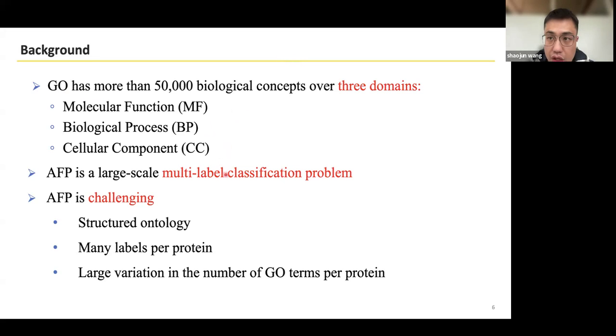And protein function annotation is to assign proper GO terms to proteins. It's obvious that proteins play an important role for our life, and a protein always has multiple functions. Therefore, a protein can be associated with more than one GO term in Gene Ontology.